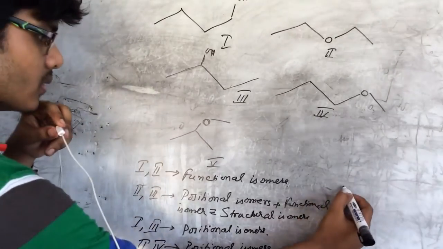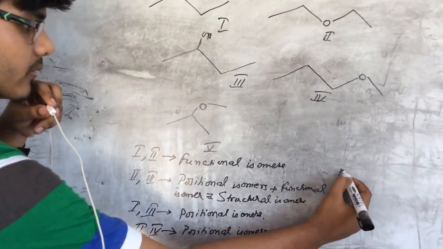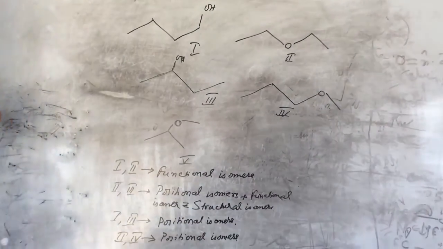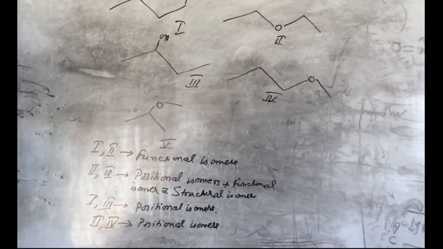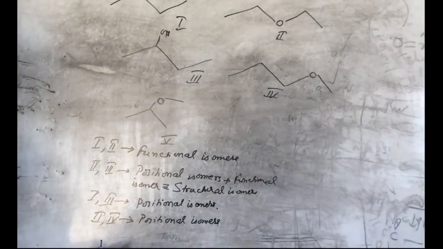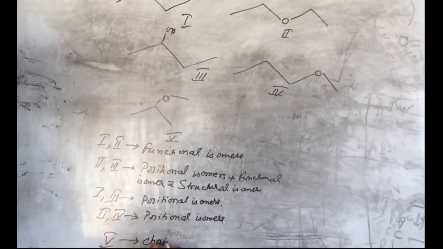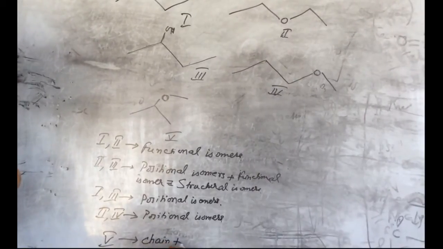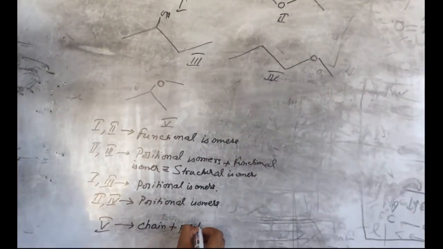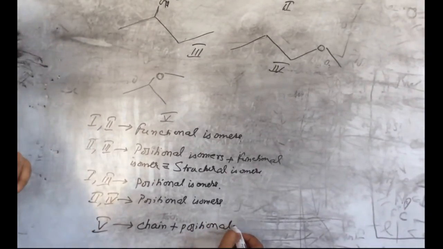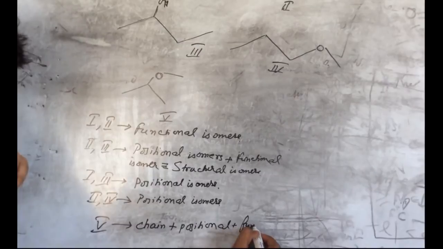And if you wanna compare 1, 2, 3 or 4 with 5, then we can see a combination of chain isomerism plus positional as well as functional.